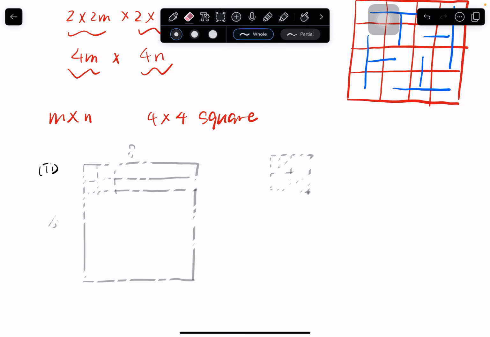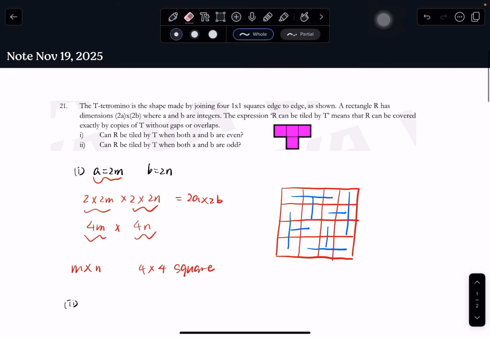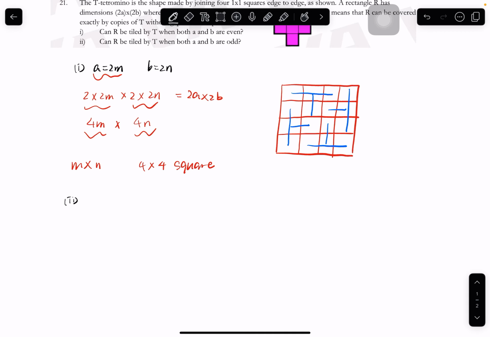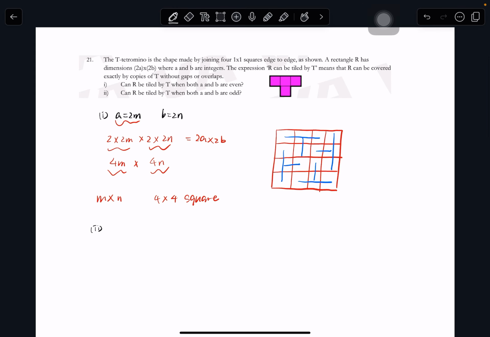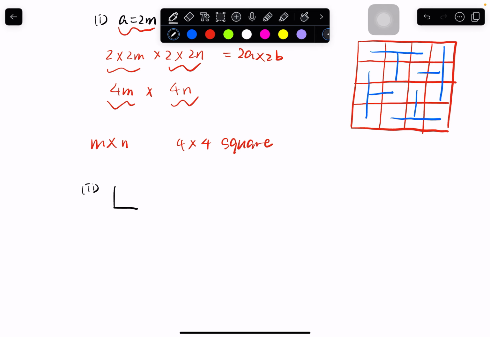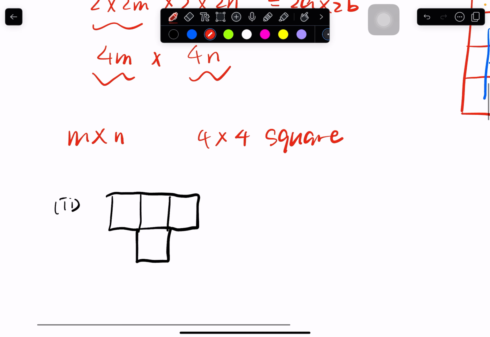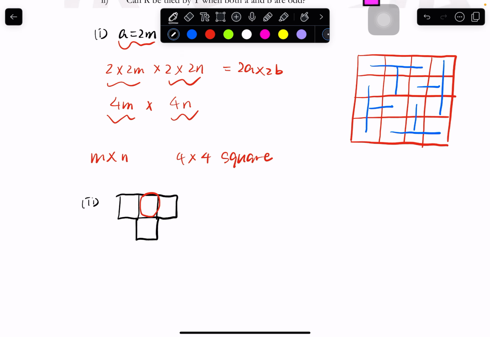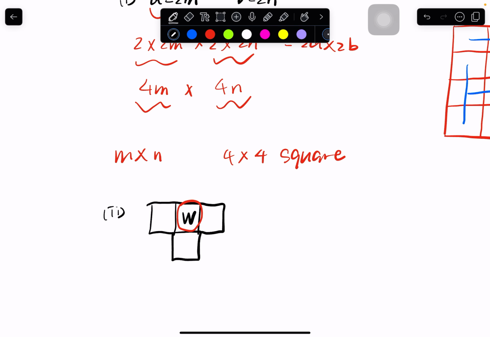So let's see, what if we color a tetramino? In how many ways can we color it? Let's draw a tetramino first. It's like this. In our first case, we talk about the central square. If the central square is white, the neighboring squares must be black.